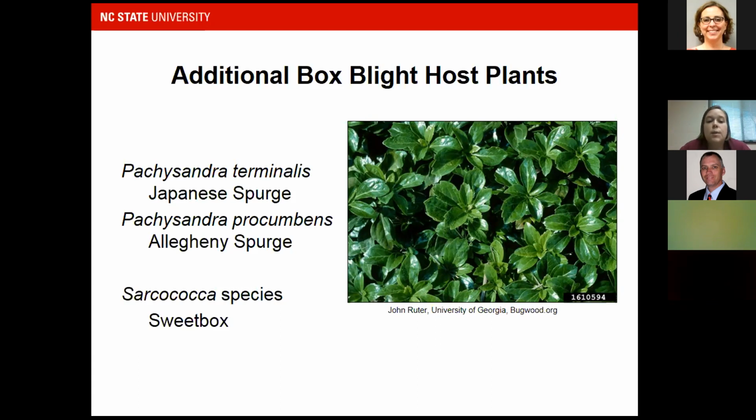Also, sweet box is in the same plant family, so it can also be susceptible to boxwood blight. So just as people are planting or planning their landscapes, be aware that these other plants can also be a host.